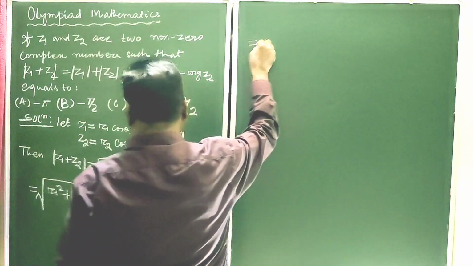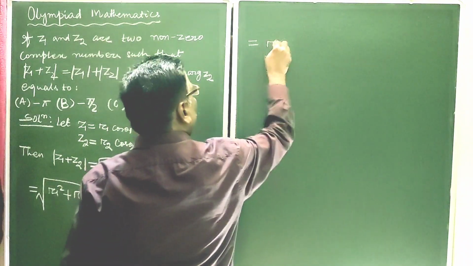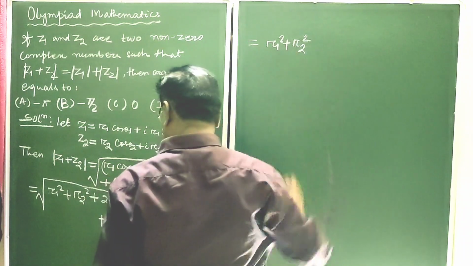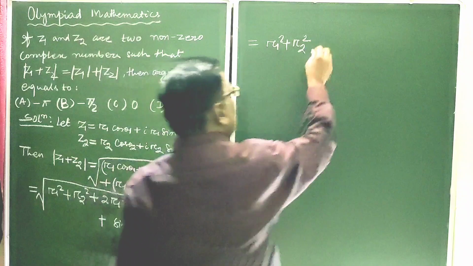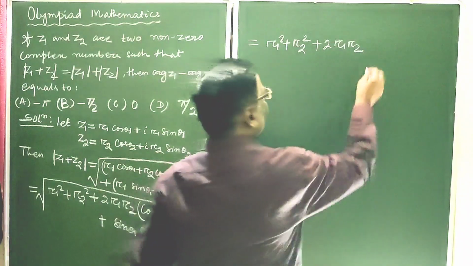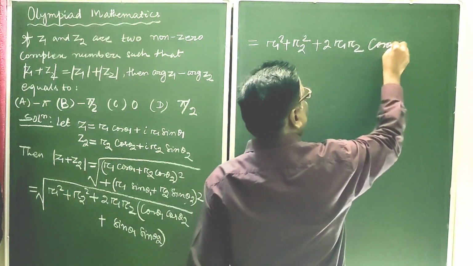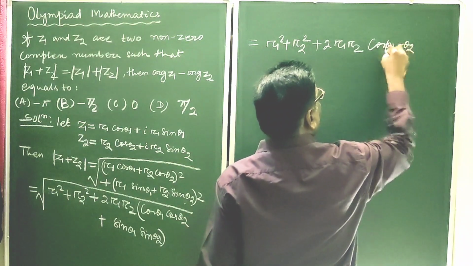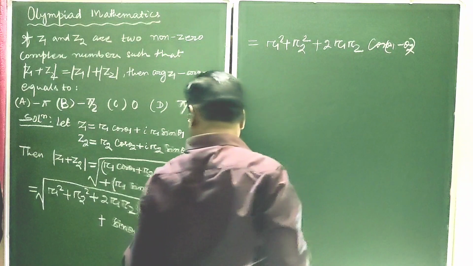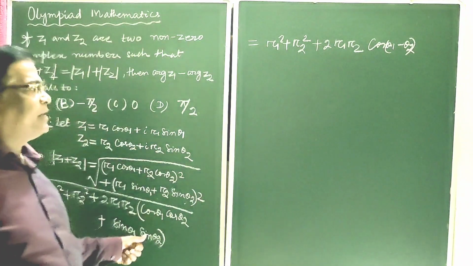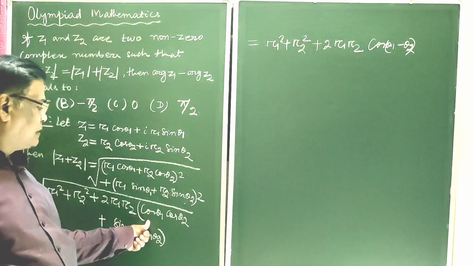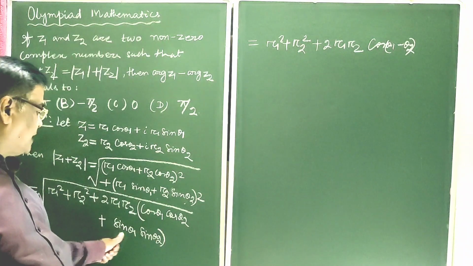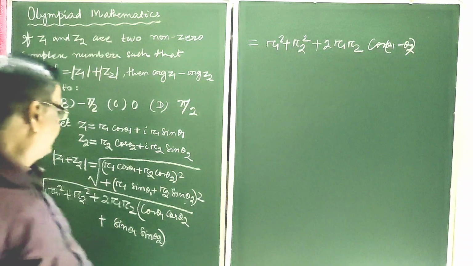This is equals to the square root of R1 square plus R2 square plus 2 R1 R2 cos of theta 1 minus theta 2, because cos theta 1 minus theta 2 equals to cos theta 1 cos theta 2 plus sin theta 1 sin theta 2.